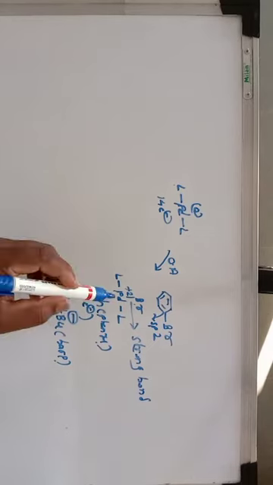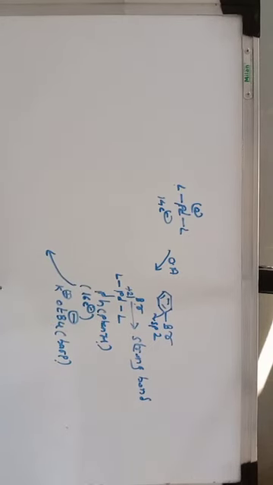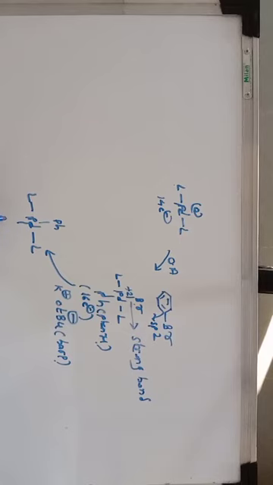It will substitute this bromine, and what do we get here? We get Pd, with Ph, LL, and OtBu, plus KBr formation.